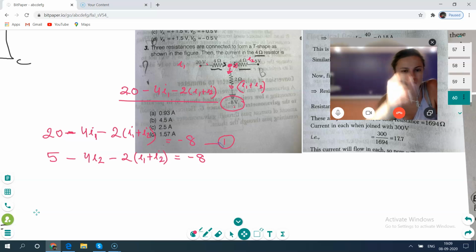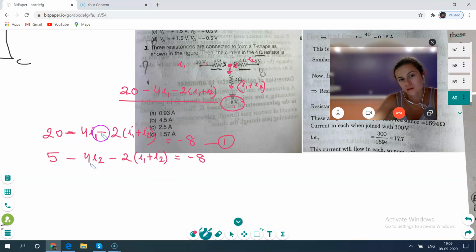If you add these two, you're going to get I1 plus I2 also. No. I will do one thing. There are two unknowns. You're going to subtract it. Yes, I will subtract it. Not adding, subtracting. So this is going to be 15.